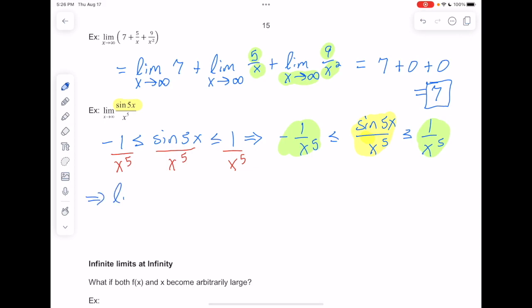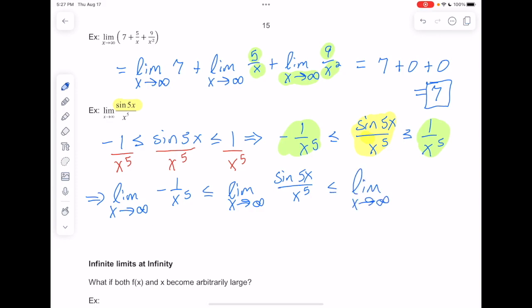So on the left, we get the limit as x goes to infinity of -1 over x to the fifth, and that's less than or equal to the limit as x goes to infinity of sine of 5x over x to the fifth, is less than or equal to the limit of the right side, 1 over x to the fifth. And then we just start evaluating what we can. So we can do this part because the previous page applies, and we can do this part because the previous page applies.